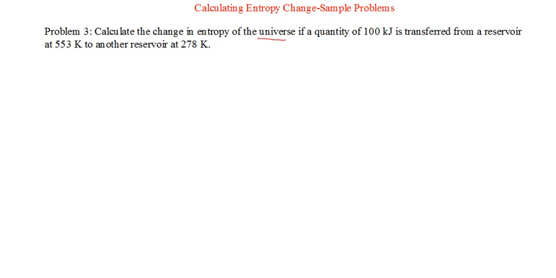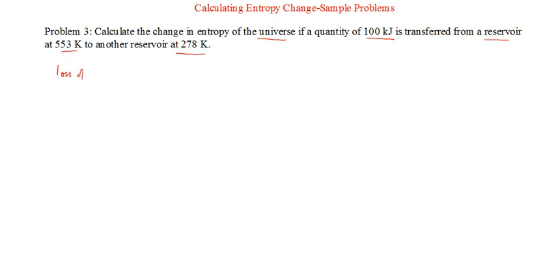If a quantity of 100 kilojoule is transferred from a reservoir at 553 Kelvin to another reservoir at 278 Kelvin, it's of the same type, but instead of each individual reservoir, they are asking for the universe. It's the same direct problem that we have done just before.